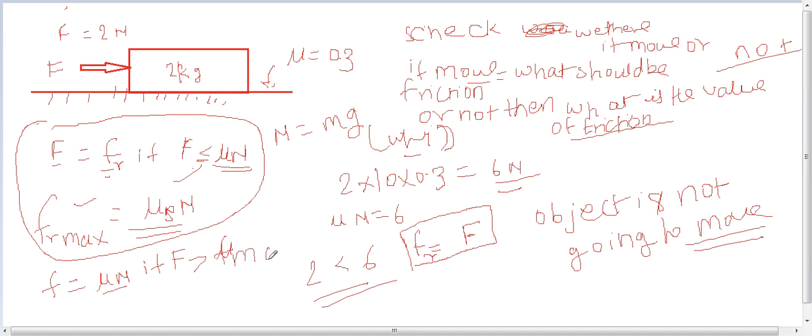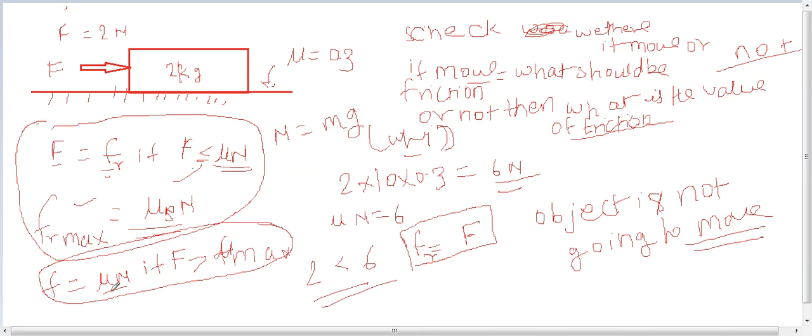So you should keep in mind these two things. If the first is satisfied, then friction is equal to the applied force. If the second is satisfied, then friction is equal to the maximum value of friction, mu N. Here mu in general is kinetic.